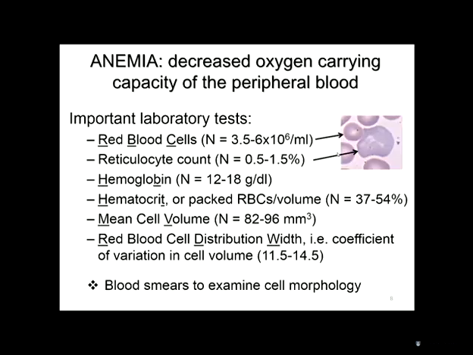So normally, we expect about 0.5 to 1.5% of reticulocytes per microliter, among the red blood cell count. We expect that to be somewhere in this range, 0.5 to 1.5%, but what happens with, let's say, acute blood loss in a normal individual, there will be stimuli to kick in additional red cell formation, and this percentage is going to go up.